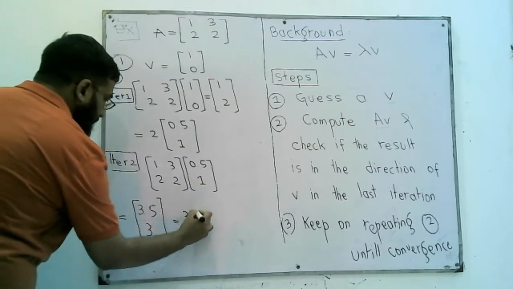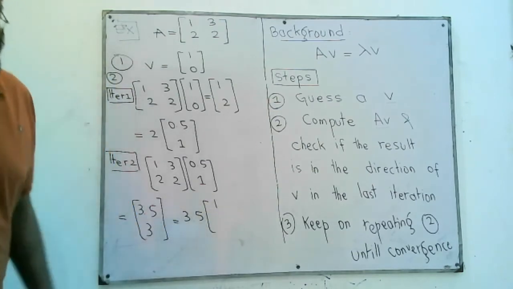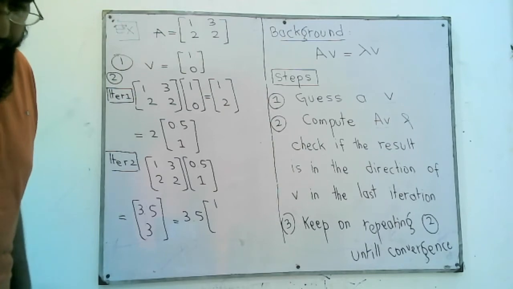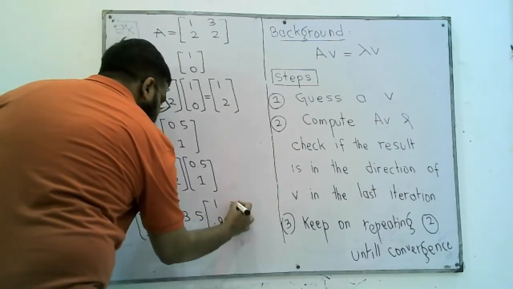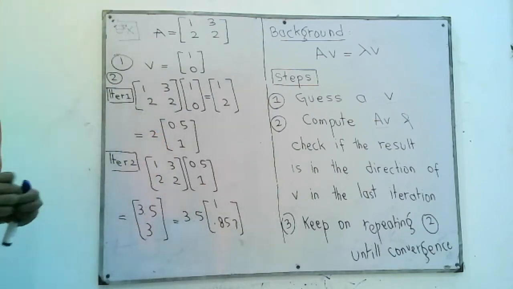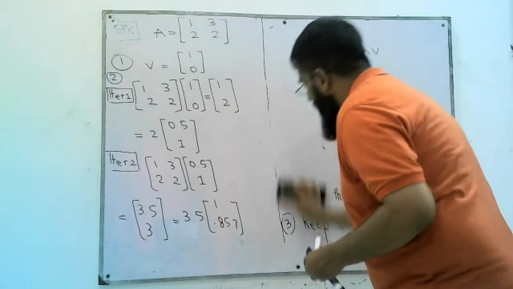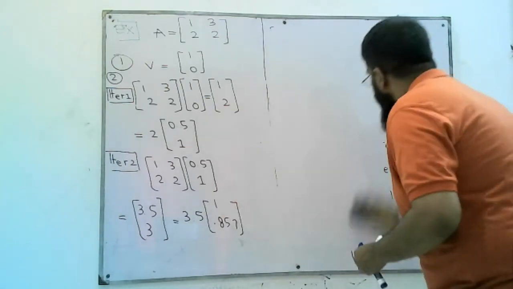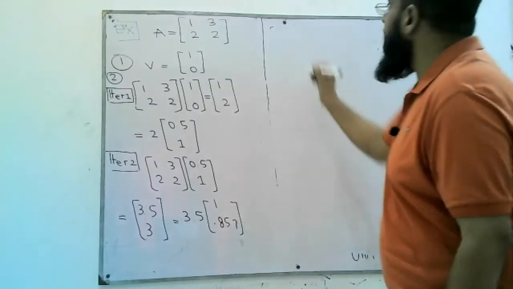Take the largest value, 3.5, common. This comes out to be 1, and 3 over 3.5 is 0.857. Still it's not in the same direction as the V we computed in the last iteration, so we'll move to the next iteration, number 3.